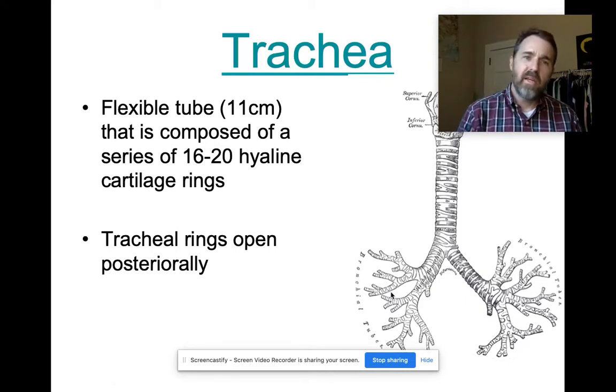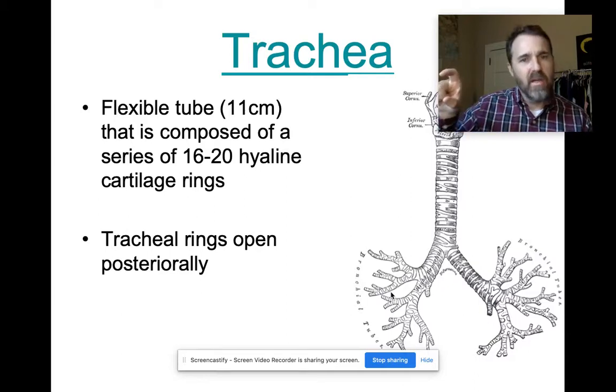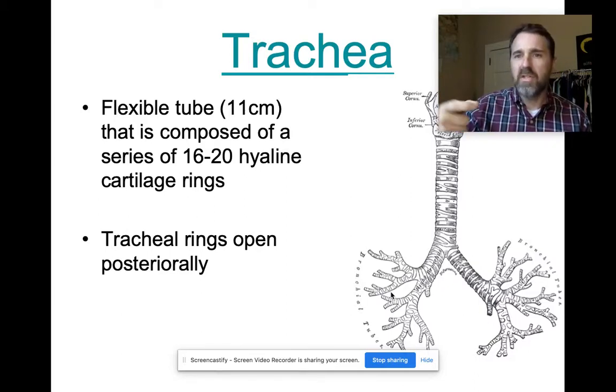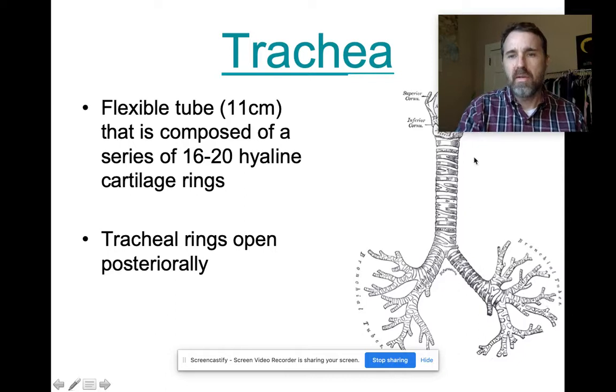So the trachea is an open, flexible tube, and it is an open tube because it has these rings of hyaline cartilage. You can see right here. It has rings of hyaline cartilage that hold the tube open.